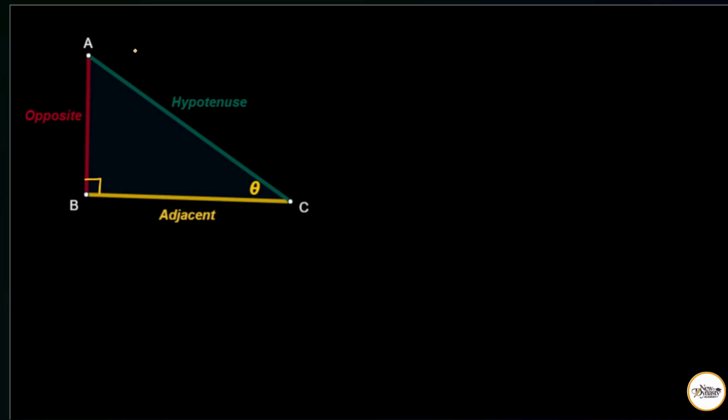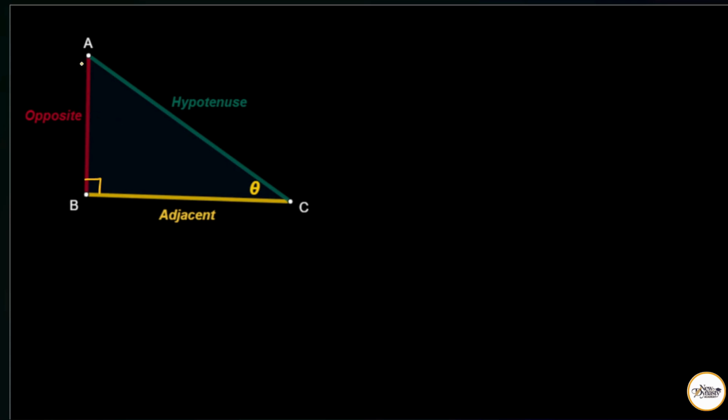Now, the first thing that you need to be able to do is to be able to identify the sides of this triangle. Now, the side that is opposite your 90-degree angle, it is called the hypotenuse, as you can see there. And the side that is opposite the given angle, in this case, our given angle is angle theta.